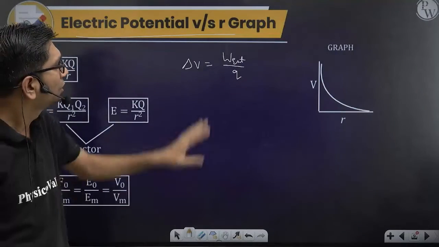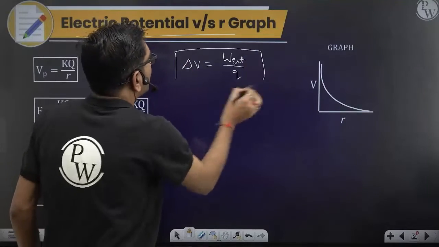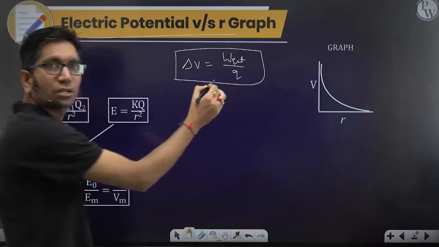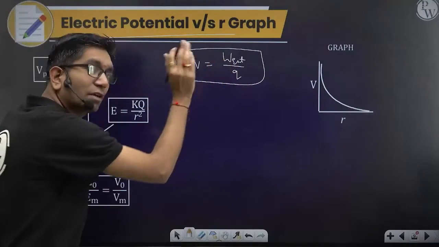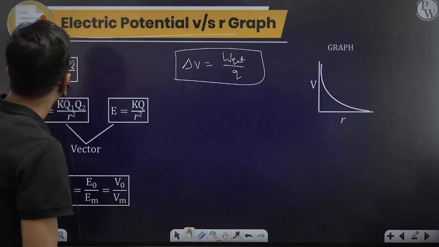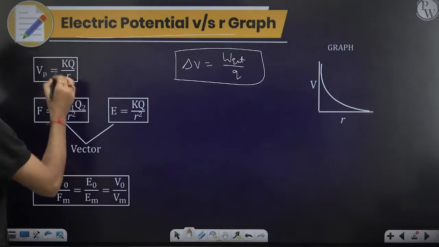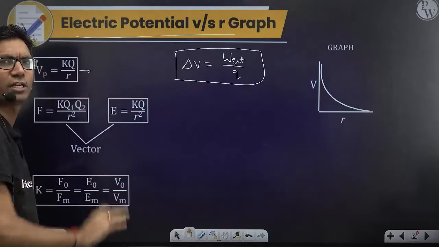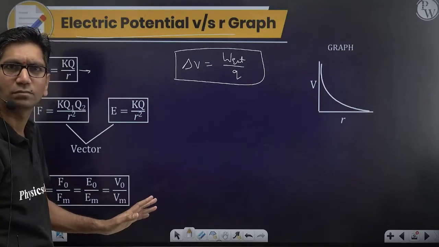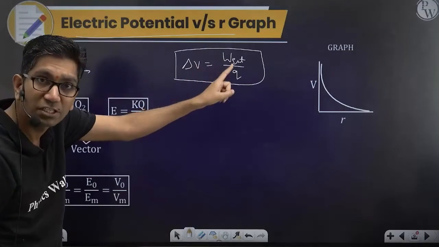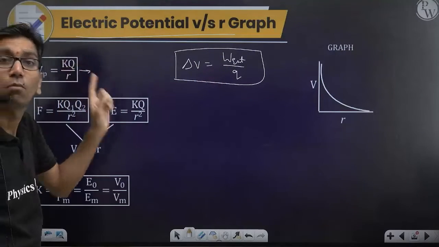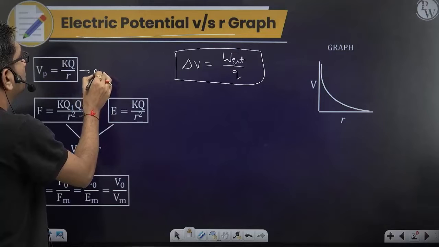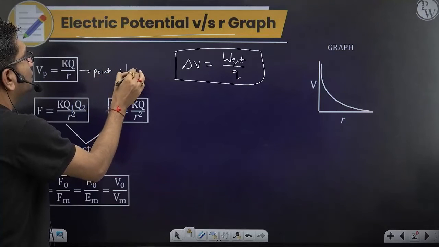This is a potential in terms of work, external work. And this is the potential due to a point charge. Both are potentials only. This is in terms of external work done, and this is in terms of point charge.